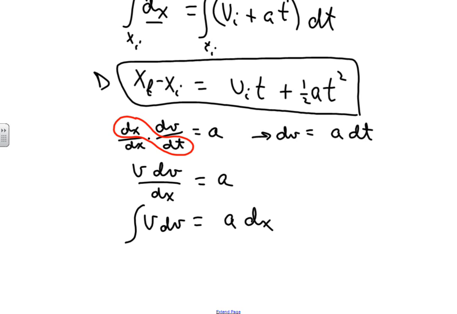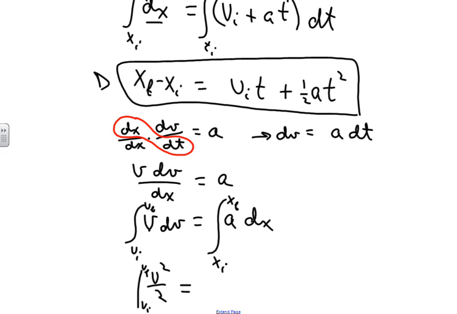Okay, and if I integrate this, v initial is the bottom limit, v final is the top limit, and I integrate this, x initial is the bottom limit, x final is the top limit, and I integrate that, what's the integral of v dv? And the answer is v squared over 2, evaluated from v initial to v final.